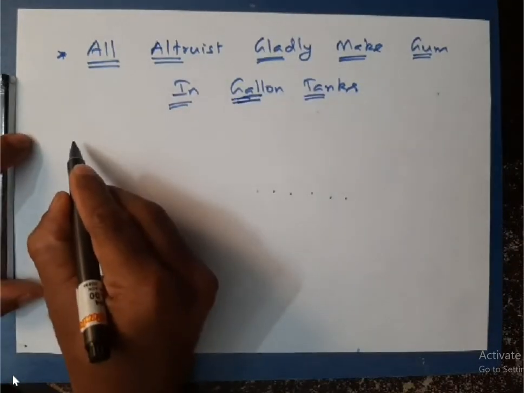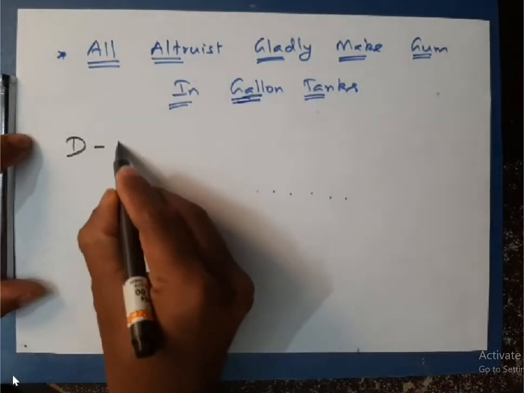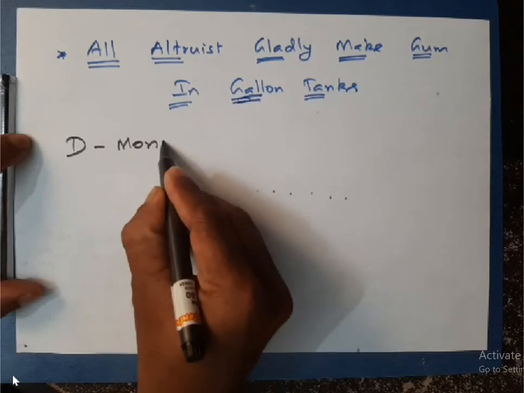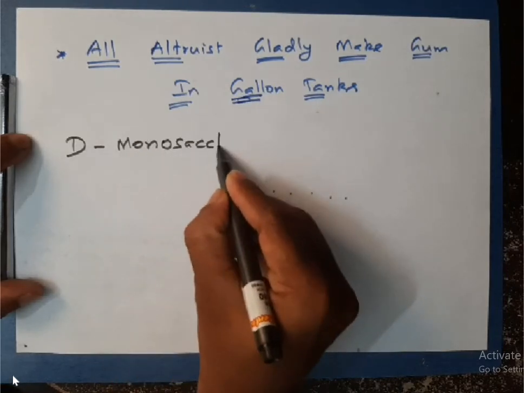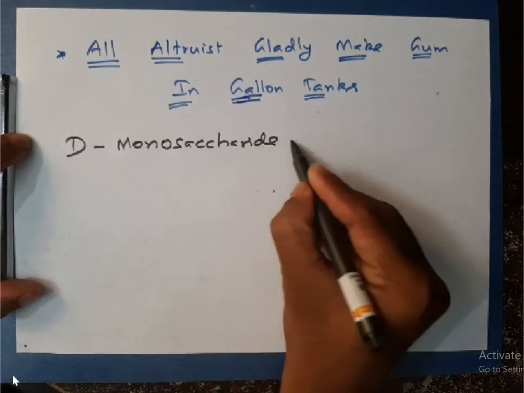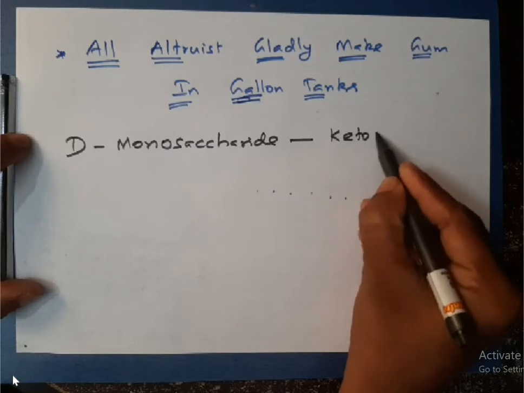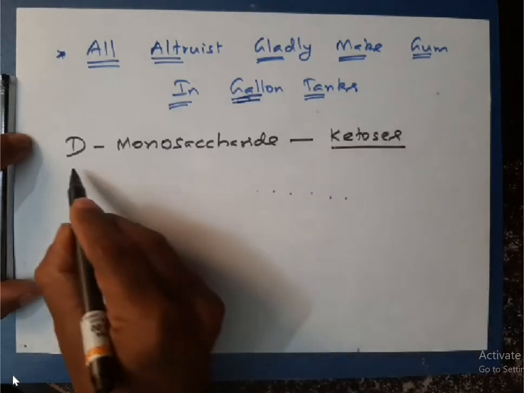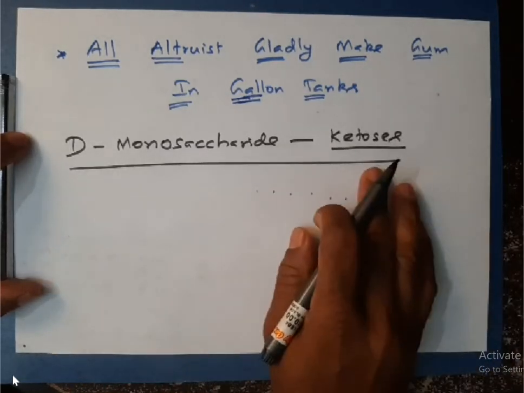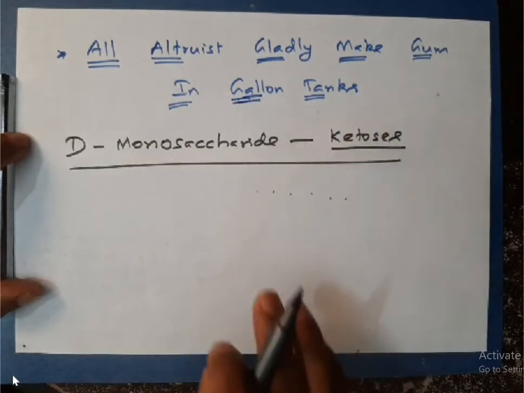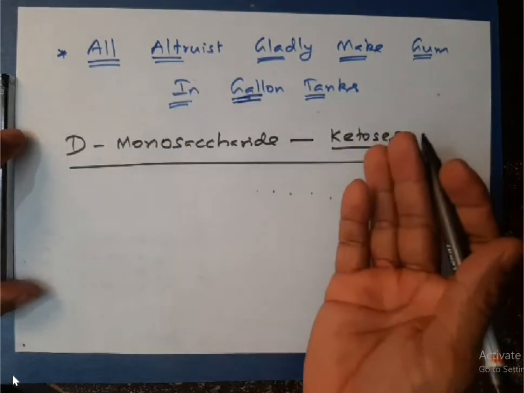So let me take D monosaccharides in ketose. We'll discuss the structures of D monosaccharides which are all ketoses, that is ketose monosaccharides.